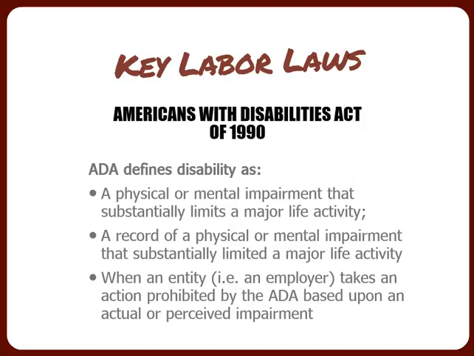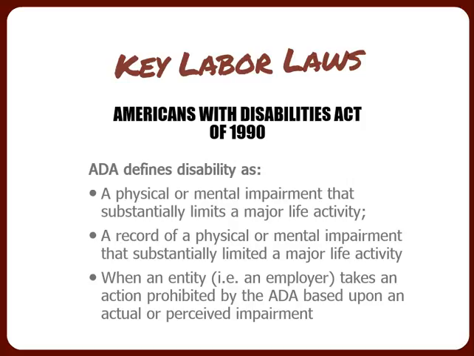Well, a perceived impairment might be when an employer thinks that the employee has some sort of disability. For example, if an employee is perceived as being HIV positive and they're treated differently based upon that, even if they do not have that condition, that would still be a violation of the ADA.